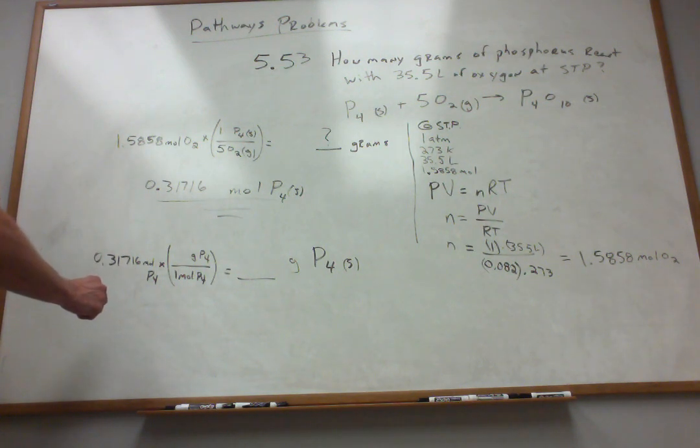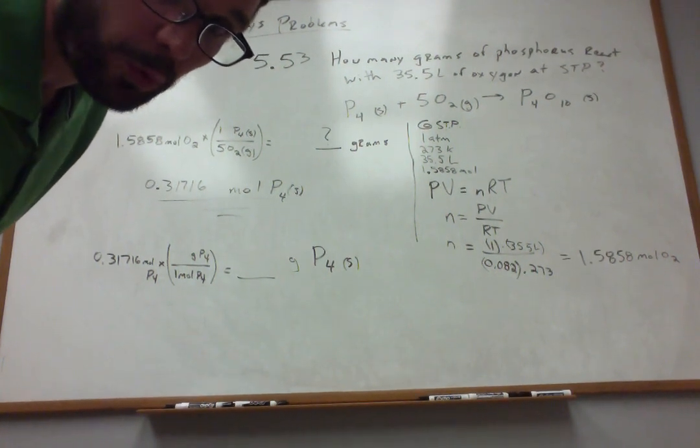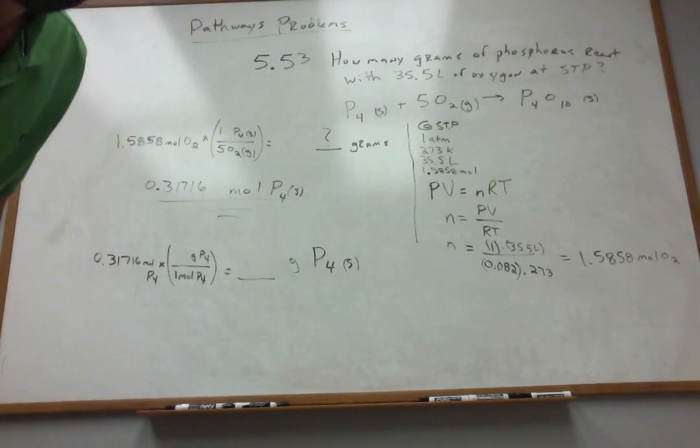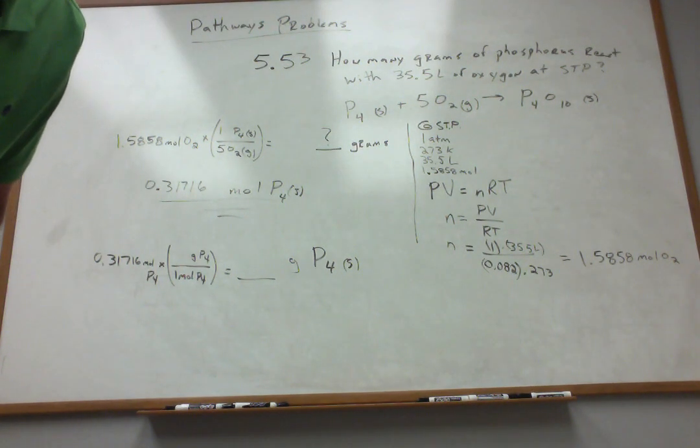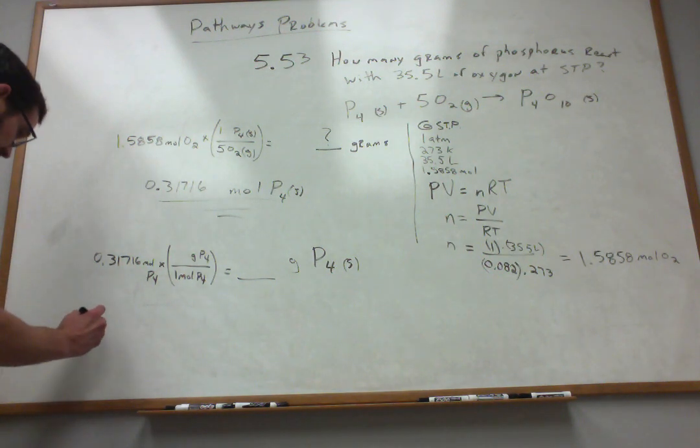Now notice that this is P4. So the number that I have to put in the numerator here is 4 times the value from the periodic table. Now if I just look on the periodic table for phosphorus, element number 15, the number that I get is 30.97.